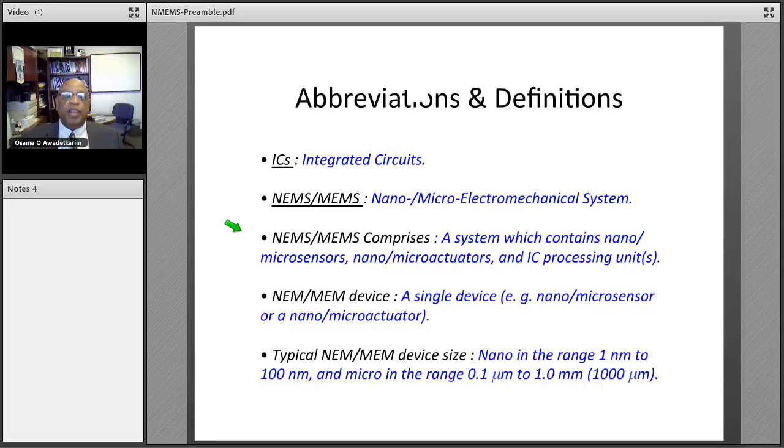What do we mean by a NMEMS or a MEMS? It's a system, either a nanoscale system or a microscale system, and this system contains nano or micro sensors, nano or micro actuators, in addition to IC processing unit or units.